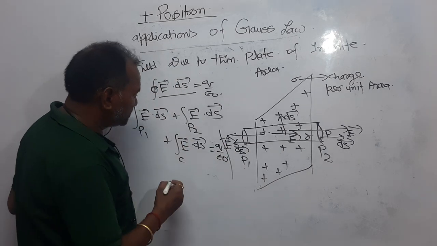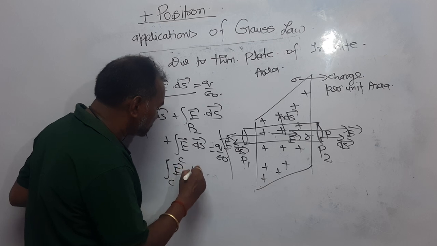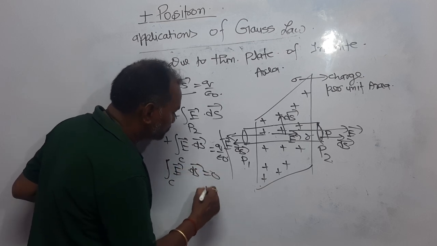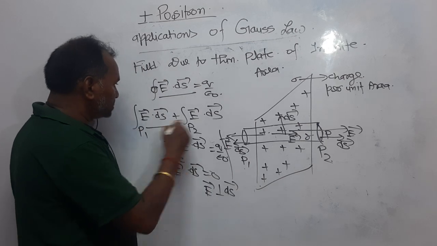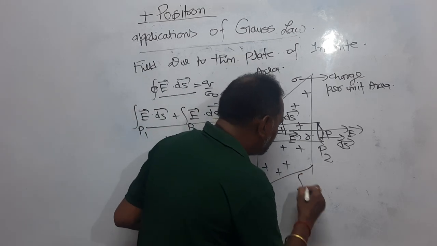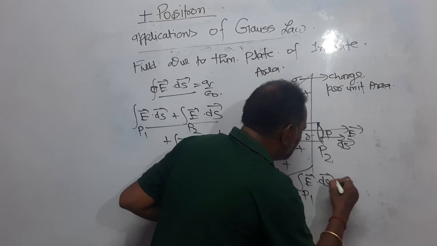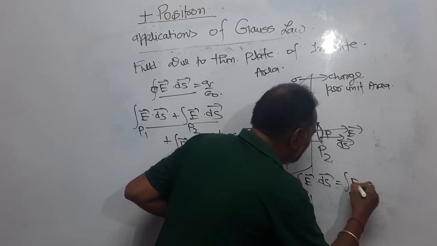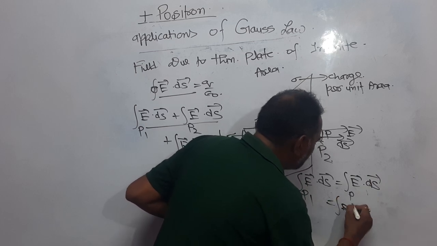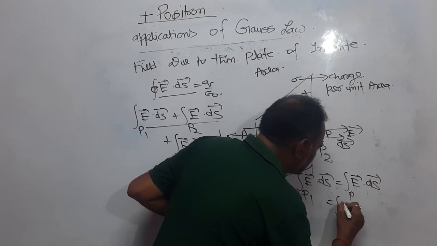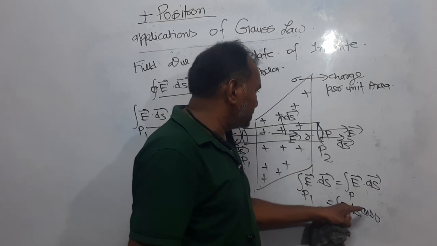Now, dear students, at the curved surface E dot ds is equal to 0. Why? Because E is perpendicular to ds. Now at plane P1, E dot ds will be equal to that at plane P2, and that is equal to E ds cos 0. Cos 0 is 1, so E ds.